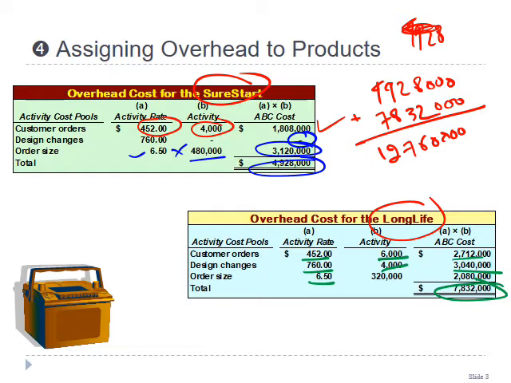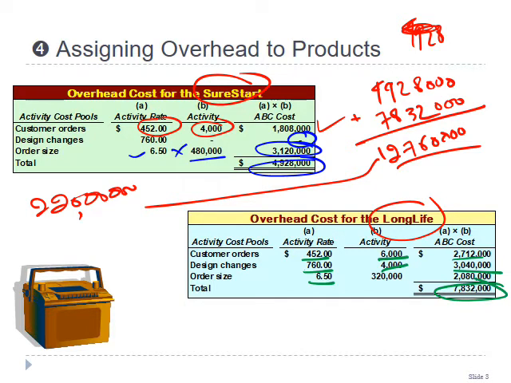So it means 12.76 million of the 22 million is assigned to the two products, right?